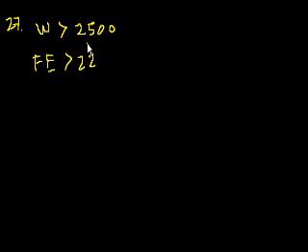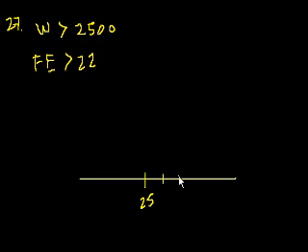And if I look at the graph, let me just draw the part of the graph that seems relevant. So if that's the weight axis, they have a couple at 25, 26, 27, 28, 29, 30. And then we want to know above 22.